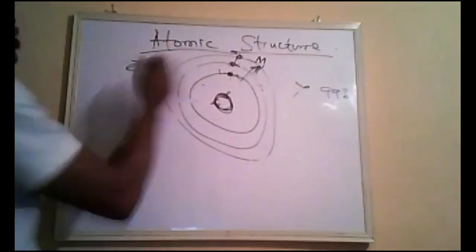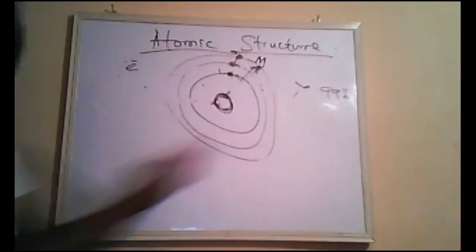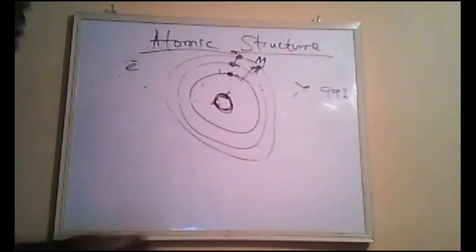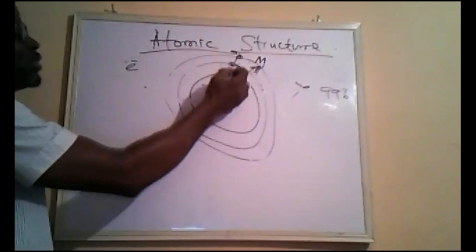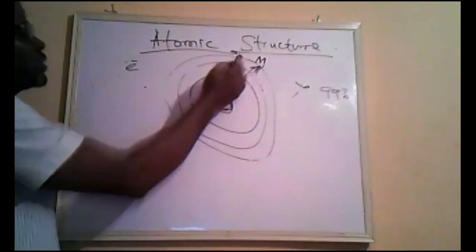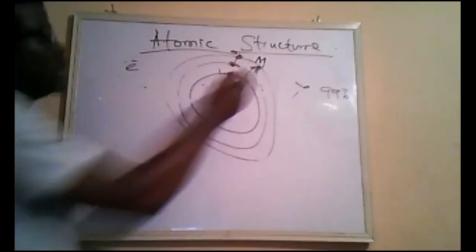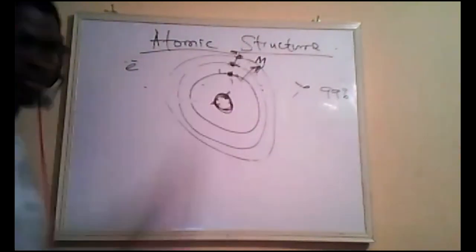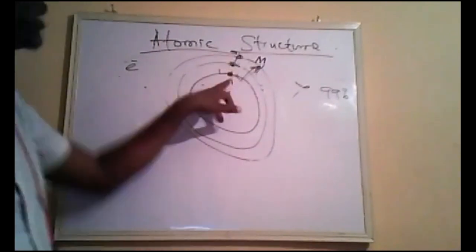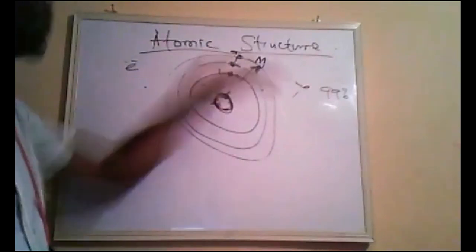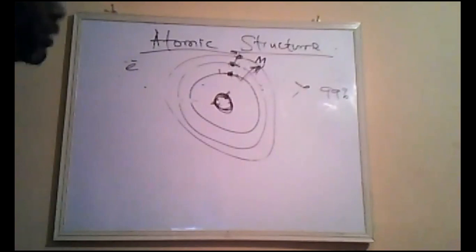If an electron is moving and interacts with one of these electrons, I remind us, the energy holding this electron to this nucleus is the binding energy. The binding energy is the energy that must be supplied to an electron in an orbit to take it away, to ionize it, or to knock it off from that orbit in which it's revolving.